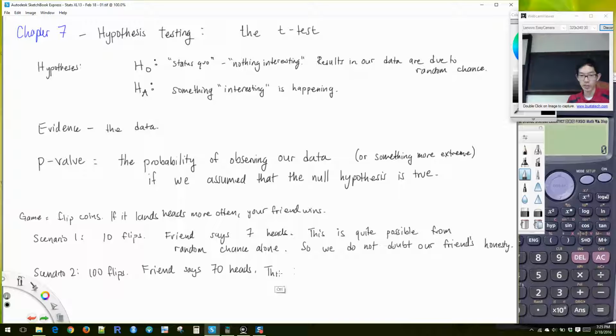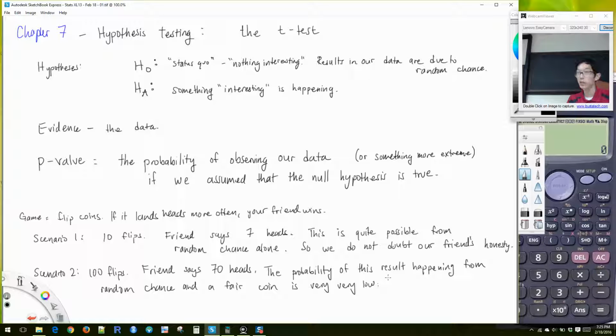The probability of this result happening from random chance alone, with a fair coin, is very, very low. So we start to question our friend's honesty if this were to happen.